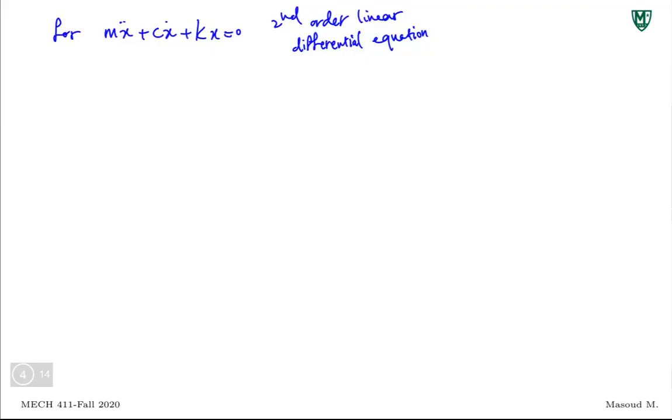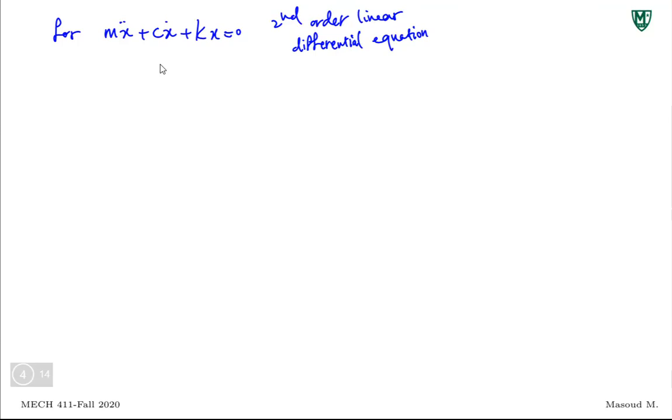As I said, vibrations is applied dynamics. In dynamics, we would have just stopped here. We would say, well, this is the equation, that's it. Now, in vibrations, we have to actually solve this and find the system response, or find the way the system behaves and moves. We want to find x as a function of time, or velocity or acceleration as a function of time. I'm hoping that what I say is going to refresh your memory from differential equations.